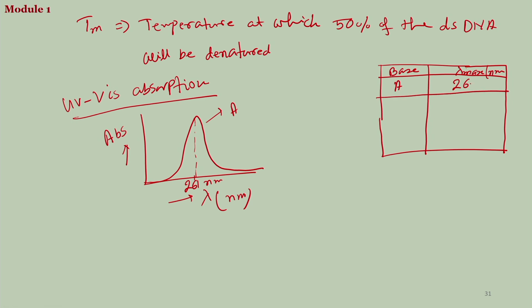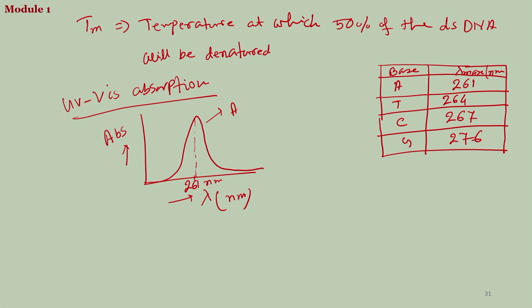it absorbs maximum at 261 nanometer. If you have thymine, that has a maximum of 264 nanometer. If you have cytosine, it is around 267 nanometer, and guanine has 276 nanometer.